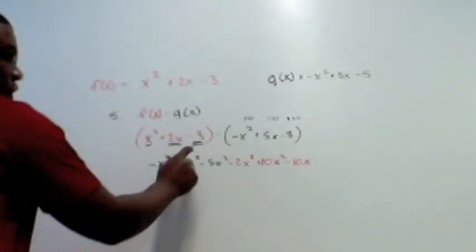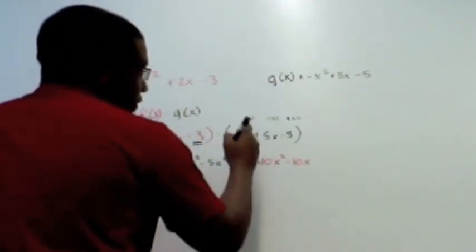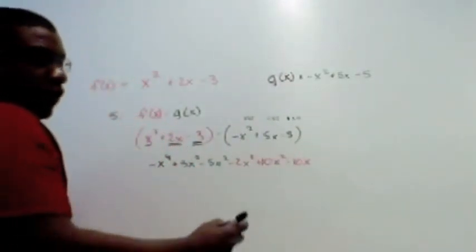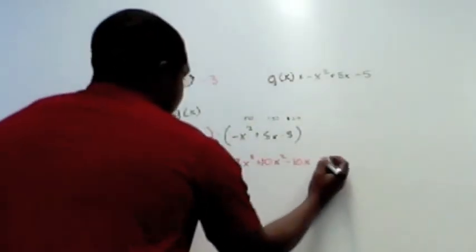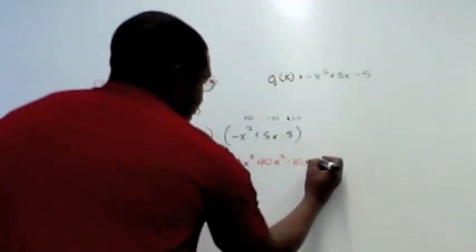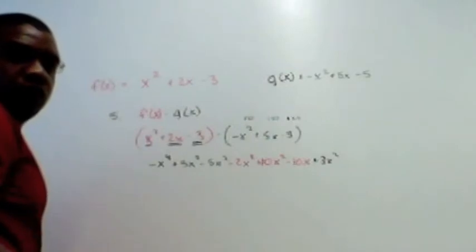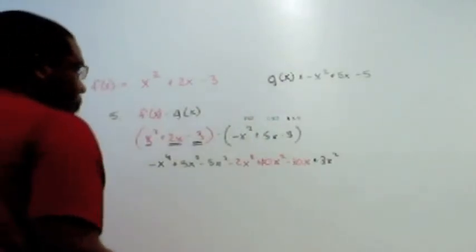Now after I've done that portion, I'll go with negative 3 now. So I've done my first 2 steps, now I'm on step 3 of multiplying over. Basically I'll have negative 3 multiplied by negative x squared. So I'll have a positive 3x squared, because negative over negative is a positive.